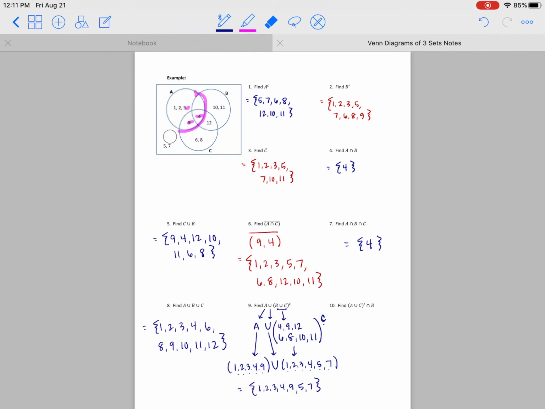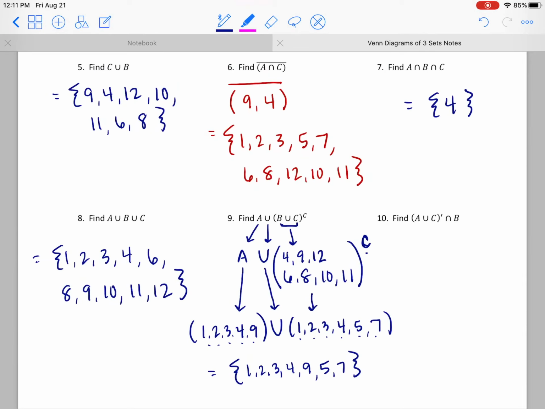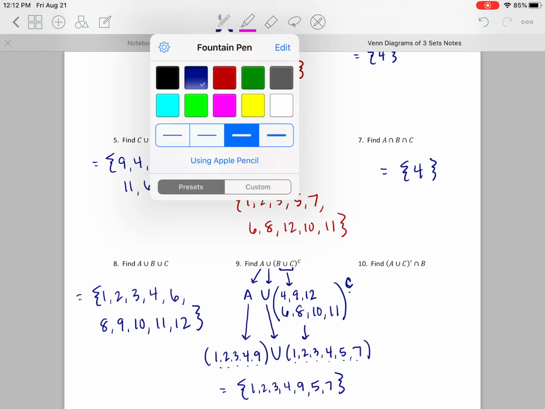We are going to have to try to piece this out one thing at a time so that we don't mess anything up. So inside the parentheses first, then we'll handle the complement and then the intersection with B. First, I want to know what's in the union of A with C. Let me change colors so this doesn't run.